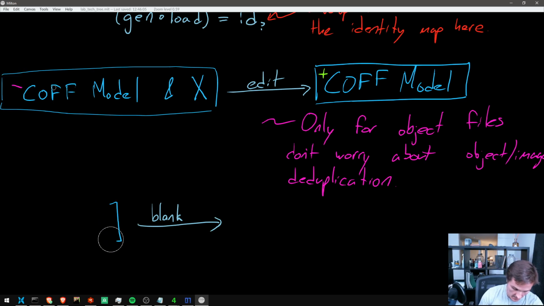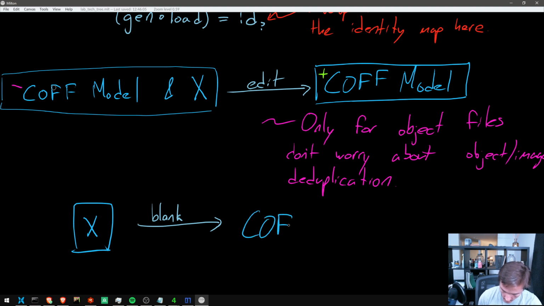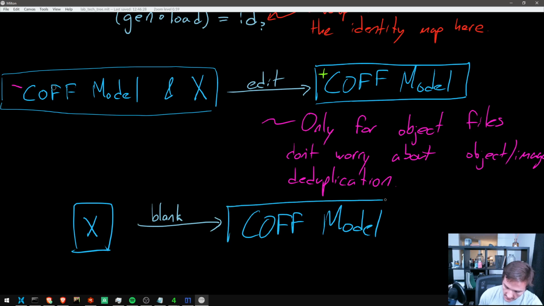Maybe not from scratch, maybe from some setup parameter, but it should be possible to make a COFF model that is essentially blank except for the necessary header flags and stuff. Start editing from there too, so you can do generator style stuff.